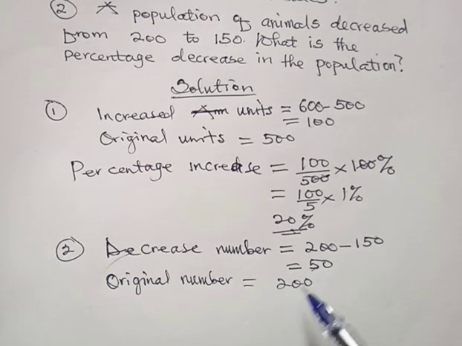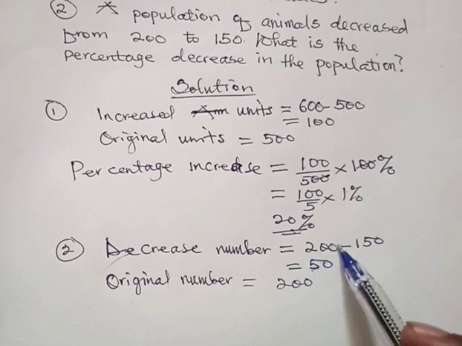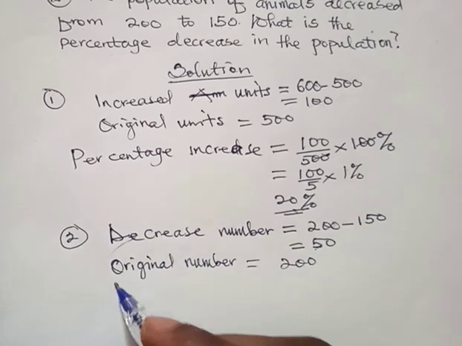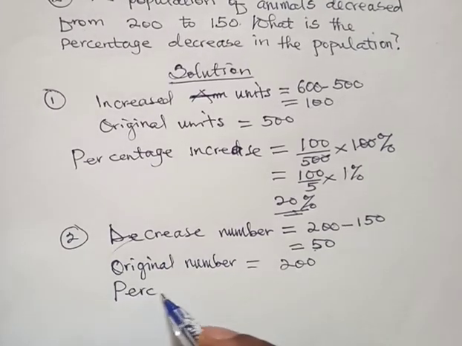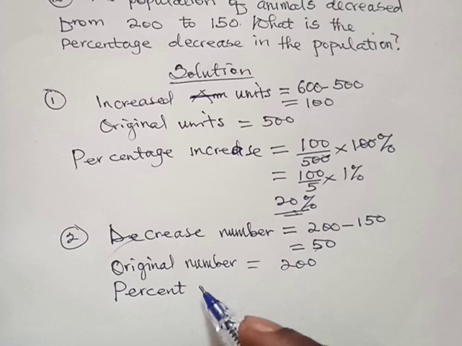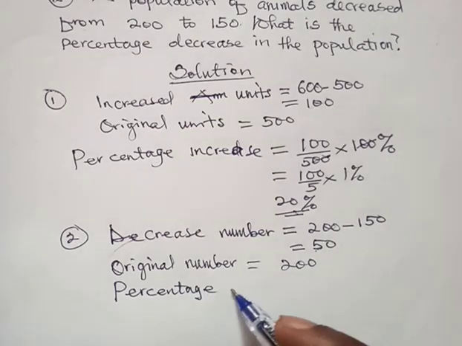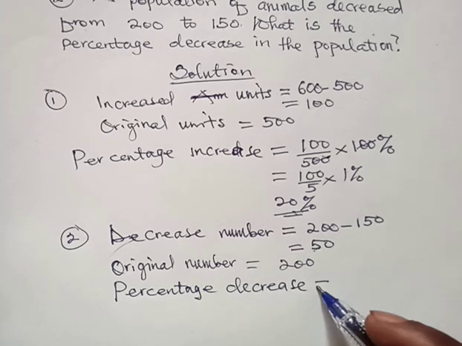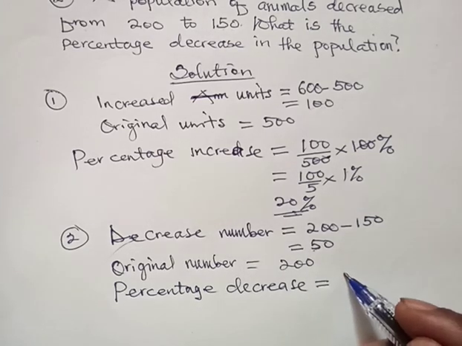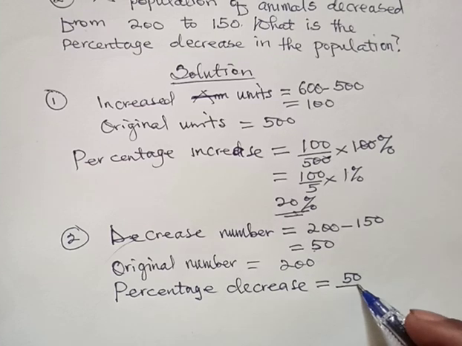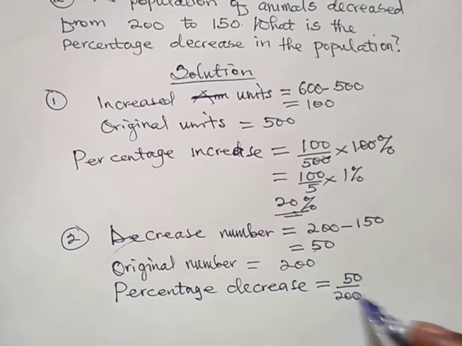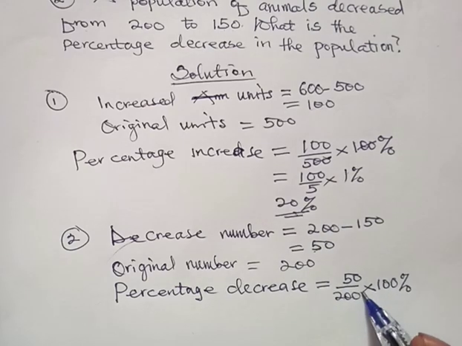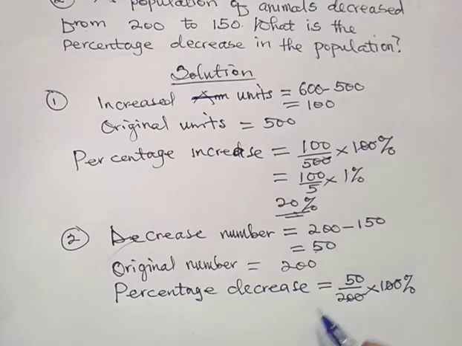So all that you do, after finding the difference, the amount decreased, is find the percentage decrease, which is equal to what? The 50 all divided by 200 times 100%.